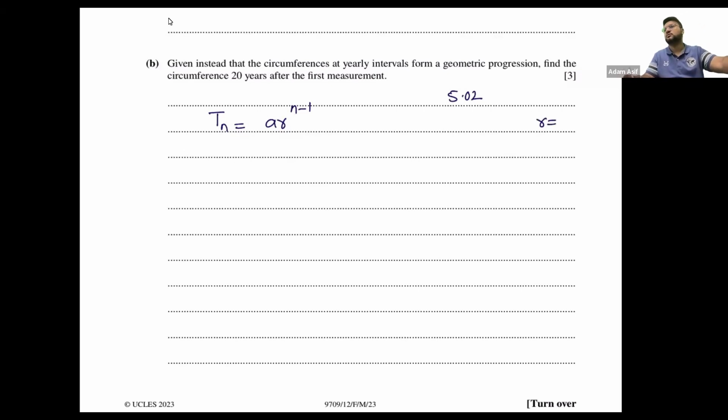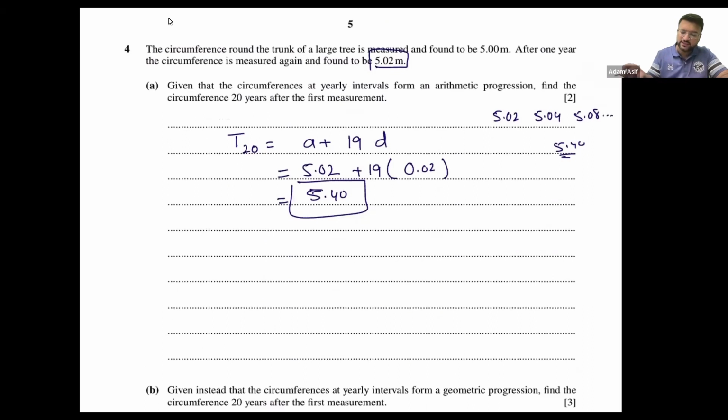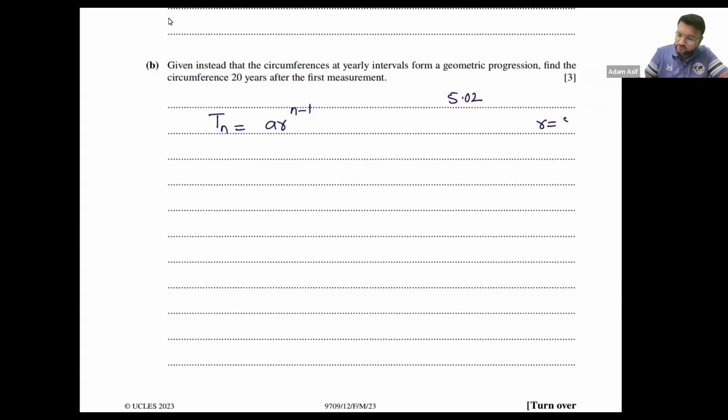Common ratio क्या होगा? Common ratio is the next term divided by the previous term. 5.02 divided by 5. So 5.02 divided by 5 is 1.004. So the first term is 5.02.